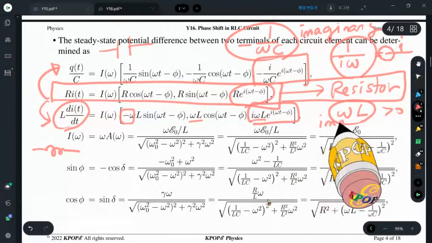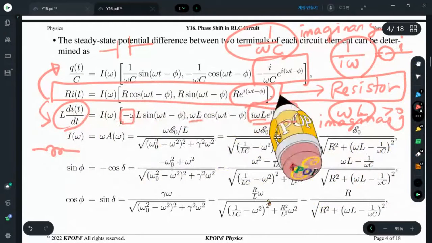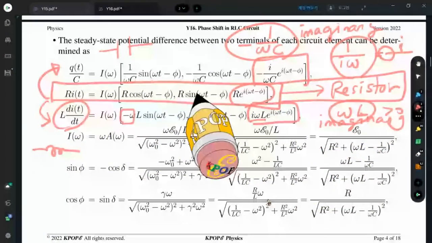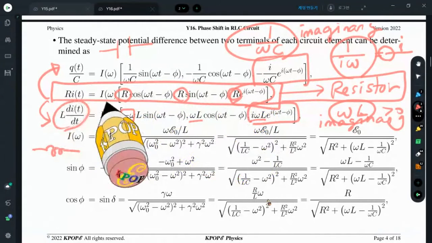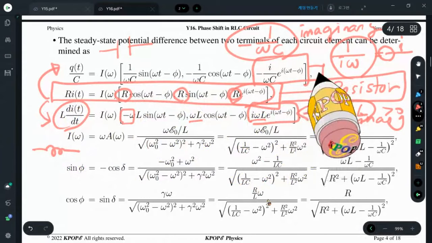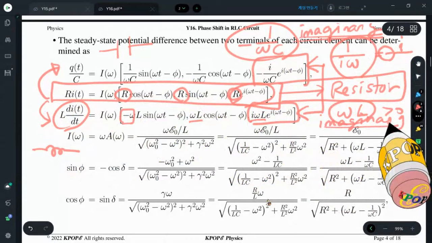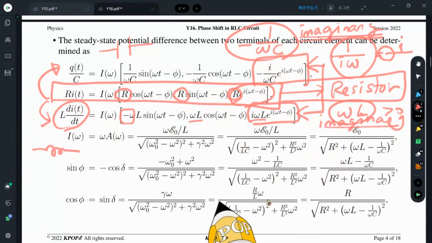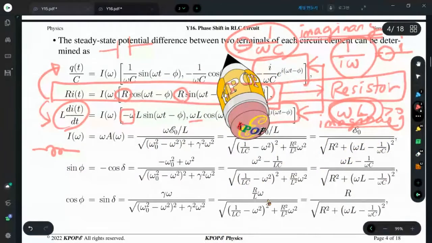This one is the imaginary part. And only the resistor has everything as a real number. So this is a real part, and the capacitor and inductor bring in a non-vanishing imaginary part with positive sense and negative sense.